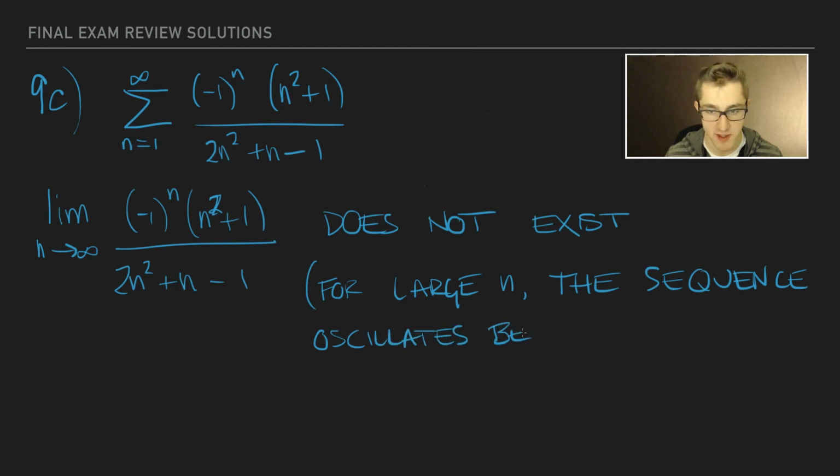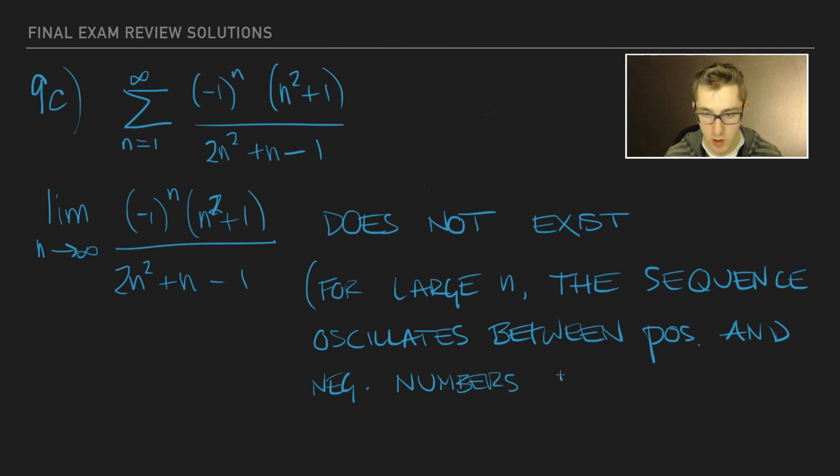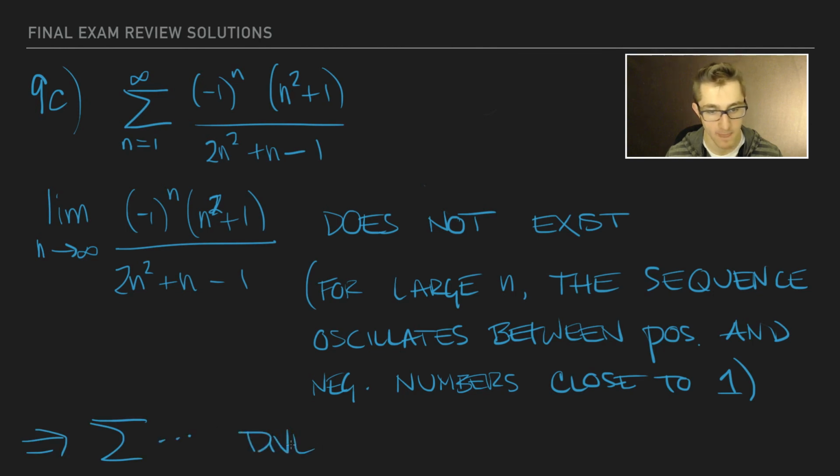This is just one way to express it, but I think this is fine. Positive and negative, and those numbers are not going to 0. They're numbers close to 1. Okay, so this limit doesn't exist, therefore the series, which I'm not going to write again, diverges.